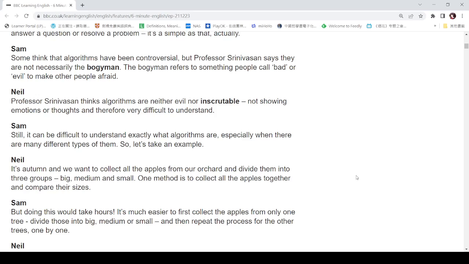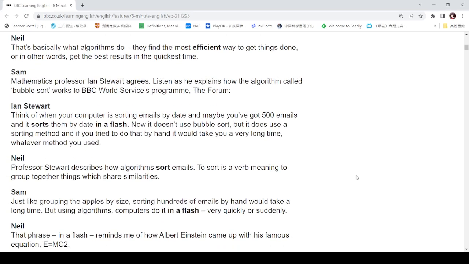It's much easier to first collect the apples from only one tree, divide those into big, medium, or small, and then repeat the process for the other trees one by one. That's basically what algorithms do. They find the most efficient way to get things done, or in other words, get the best results in the quickest time.